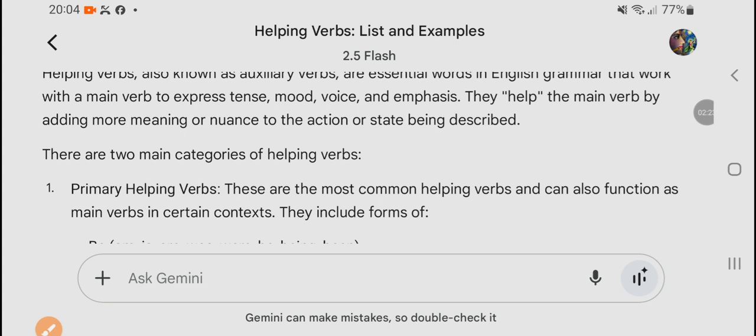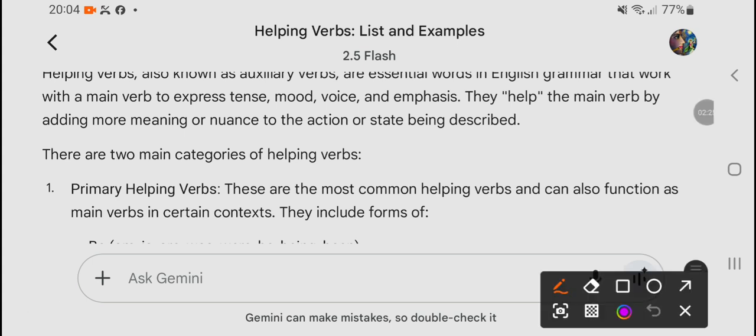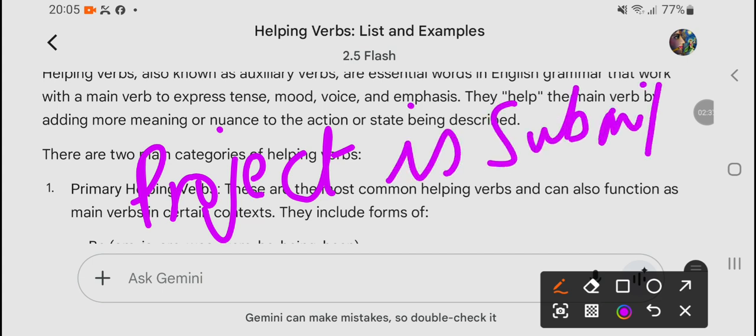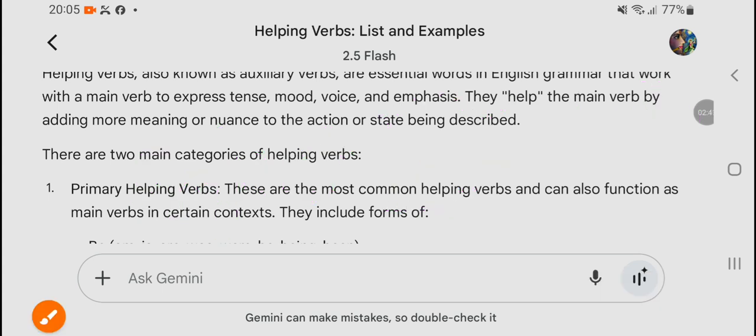Then voice, active to passive voice. When we make passive voice, if I say the project is submitted, project then is submitted, right? So is is passive voice. This is a passive construction.